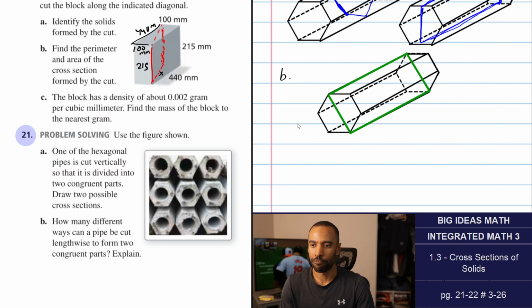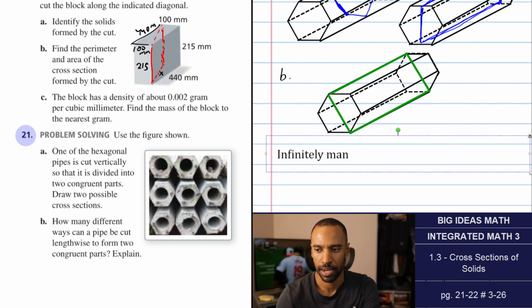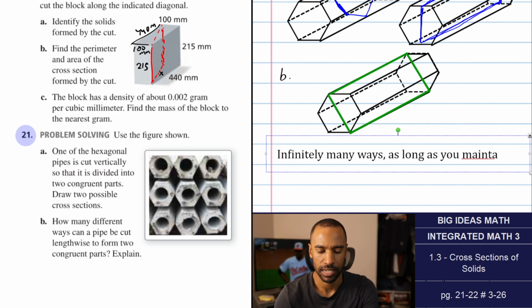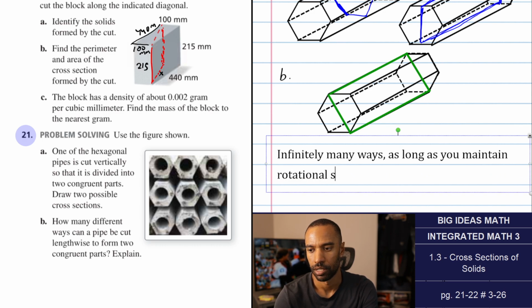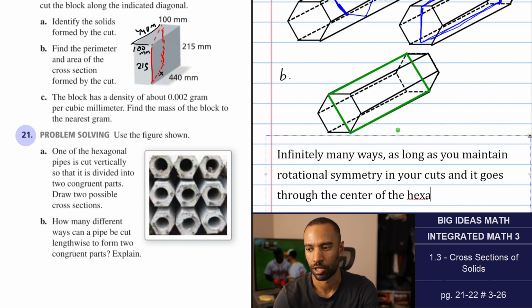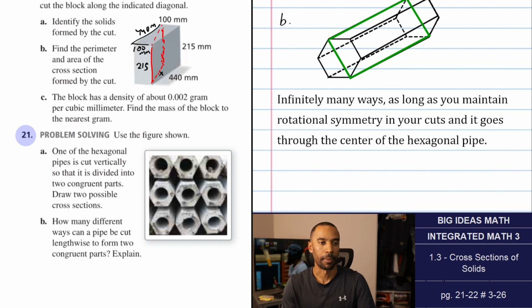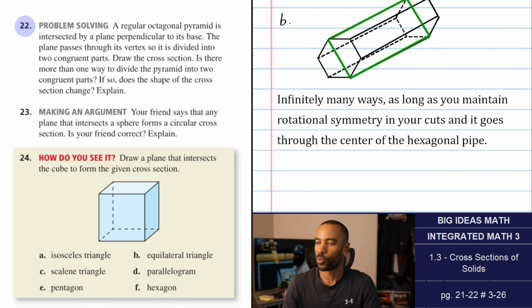Yeah, I think you have infinitely many ways you can do that one, as long as you maintain rotational symmetry in your cuts and it goes through the center of the hexagonal pipe. I think that's just the idea, because that's what we kind of saw in previous problems. All right, let's go to number 22.